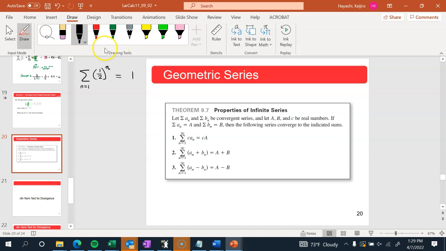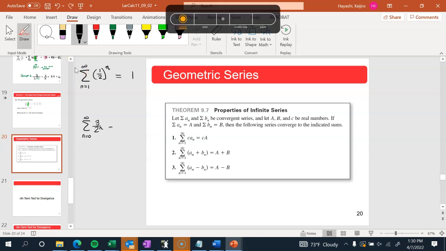That's the sum where you take 1/2, you add a 4th, you add an 8th, you add a 16th. We've been able to say that is 1. Or the one that we just saw, 3 over 2 to the n, with n starting at 0 and going to infinity. We found out just now that is equal to 6.